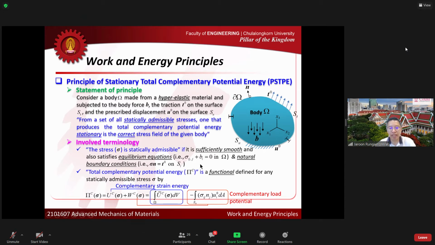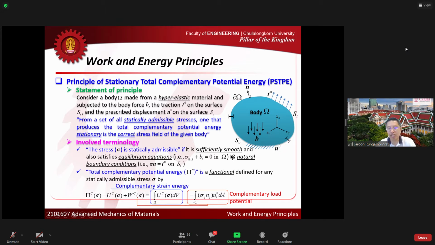So if you look at the definition here, whenever you are given a stress sigma that is statically admissible, you can compute pi c easily by simply plugging it into the formula that I showed you. Is that clear? You plug sigma into this expression and perform the integration, and you get UC. Then you take the product between the given sigma and n, you get the reactive traction, and multiply by the prescribed U0.